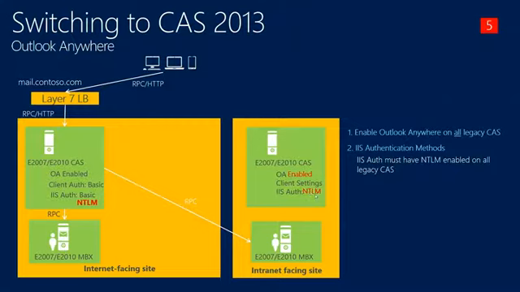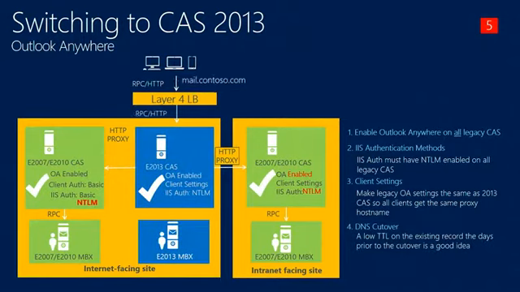And on the other side, you want to make sure that your Outlook Anywhere settings for your 2013 are the same on your legacy servers as well. If any of those settings are different, Outlook Anywhere will break and not work for your users. And then for the DNS cutover, in this case, you're also going to want to, a couple days beforehand, put a very low TTL value on that DNS name as well.